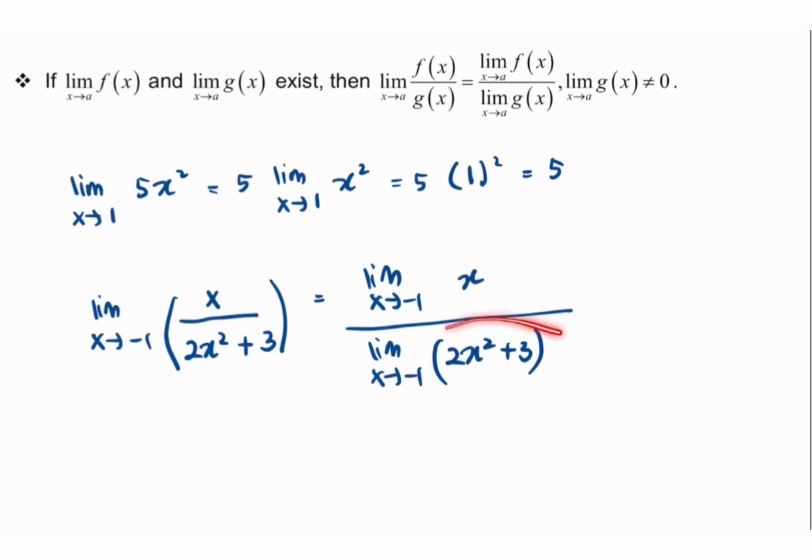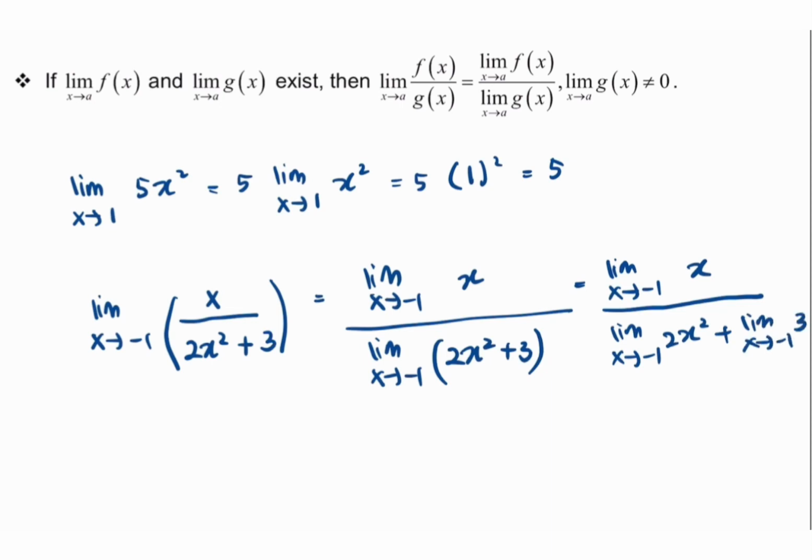Then yang plus kat sini kita boleh pecahkan dia lagi. So dia akan jadi sini limit when x approaching to negative 1 of x over sini limit when x approaching to negative 1 of 2x squared plus limit when x approaching to negative 1 of 3.